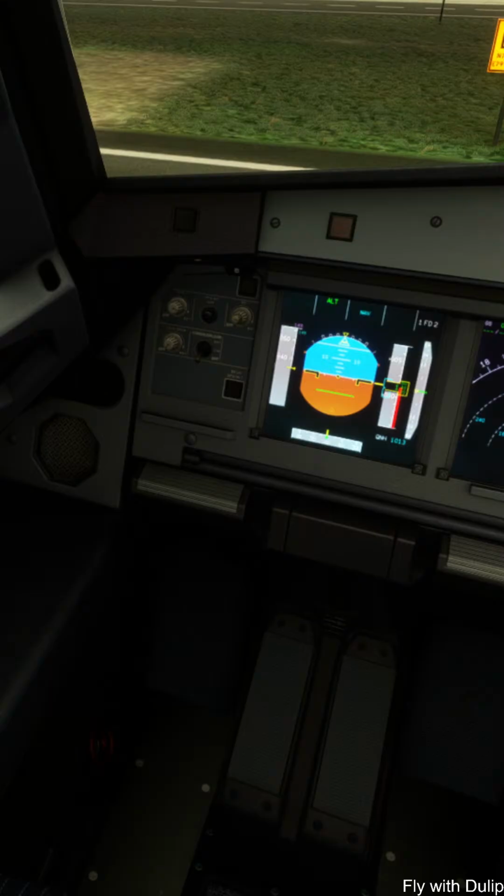Roger, cleared to destination Malé via runway 22, via LALU 1 Delta departure.